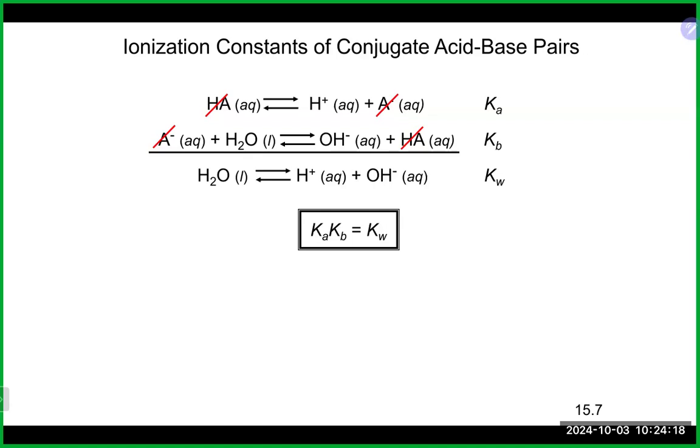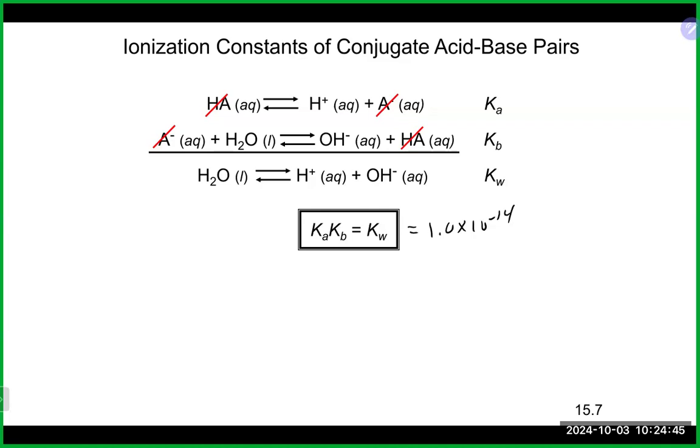That Kw obviously is the same Kw value that we've been using, which is our 1 times 10 to the minus 14 number. So this is a nice convenient way that if perhaps you only have the Ka value, but you actually need the Kb value, you can get the Kb value pretty easily by using Kw and vice versa. Why would you need to use that? We're going to see some calculations here in this chapter where, frankly, they give you the wrong K value.